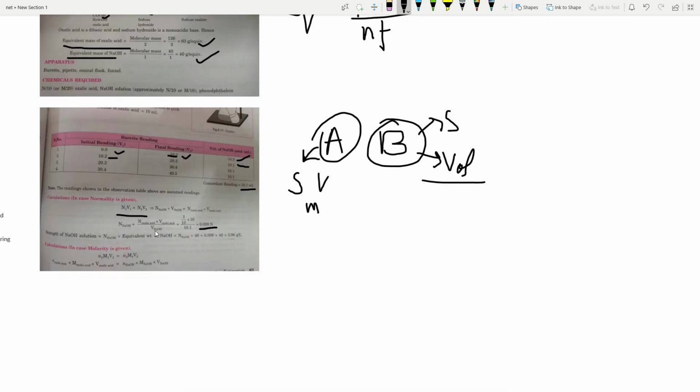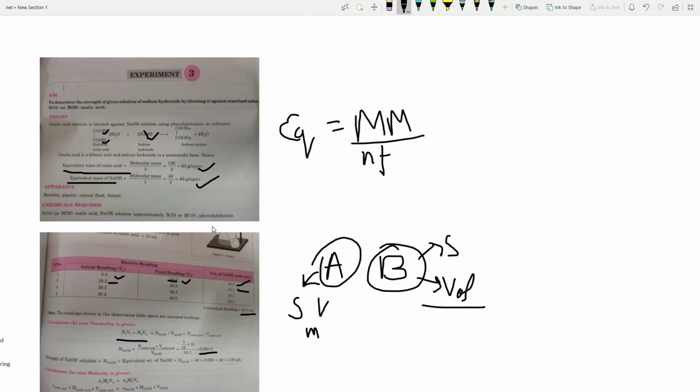Whenever you have to find the strength, it is the normality times the equivalent weight of NaOH. The normality we have found is 0.099 N, and the equivalent weight, molecular mass upon the n factor, we got as 40.